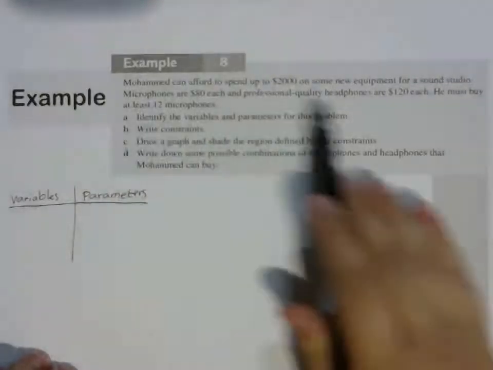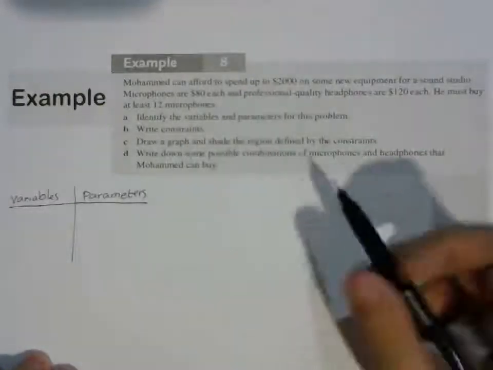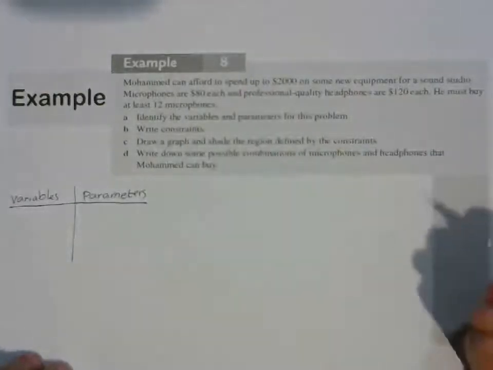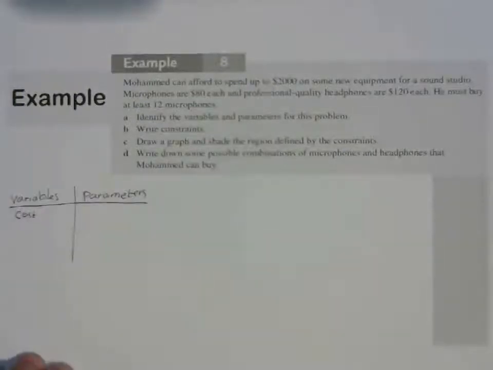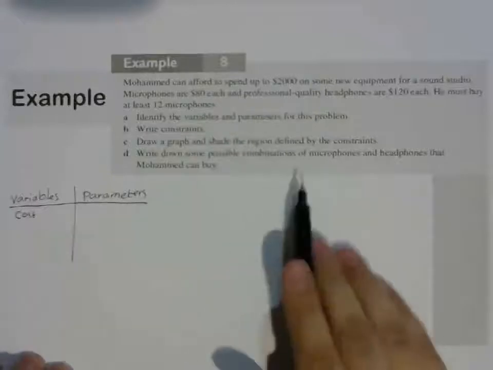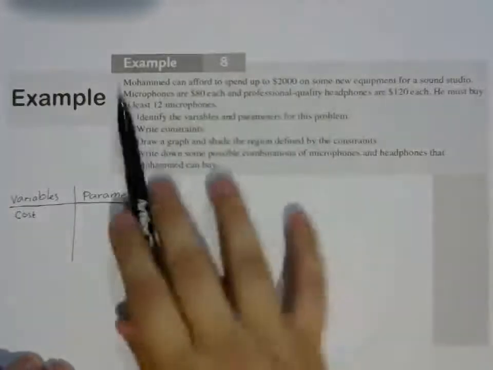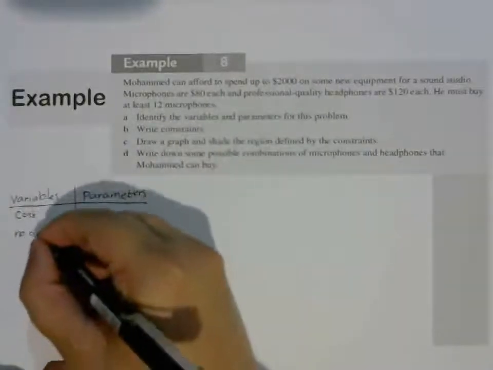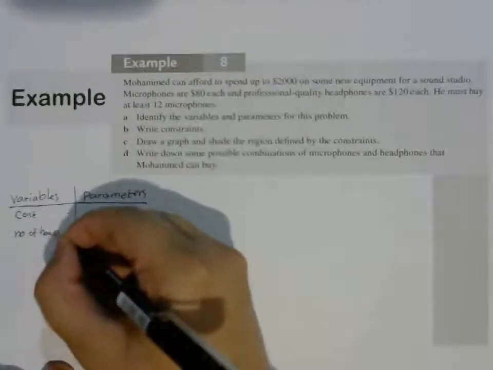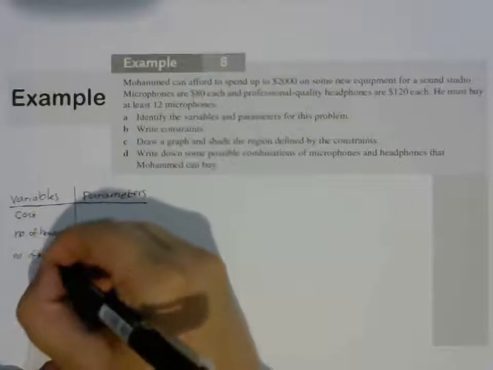So reading through my question, all of these values have something to do with money, and he's buying them, so we'll have a cost variable. And Mohammed can buy some number of microphones and some number of headphones. So the number of microphones and headphones will be our other variables. So we have number of headphones and number of microphones.